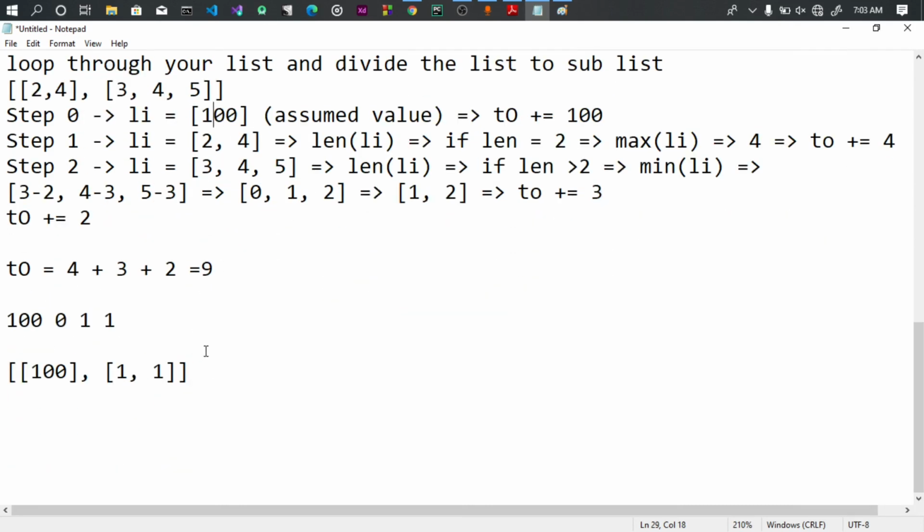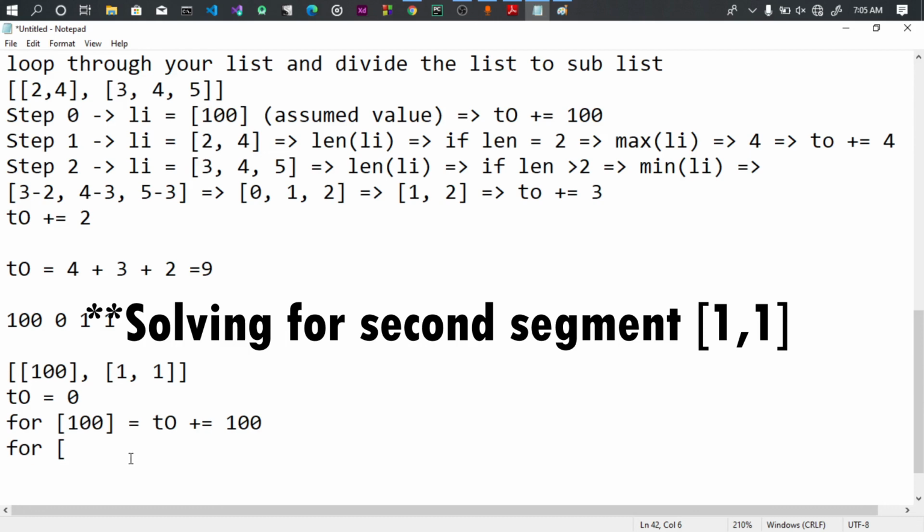So if we are taking that as a step, we'll pass this through step 0, and when we pass this to step 0, we'll find out that for the first list, which is containing 100 as the only integer in its list, what we're going to have as value is our total plus equal to 100. So remember that we have to initialize our total operation to be equal to 0. So we increment our total.